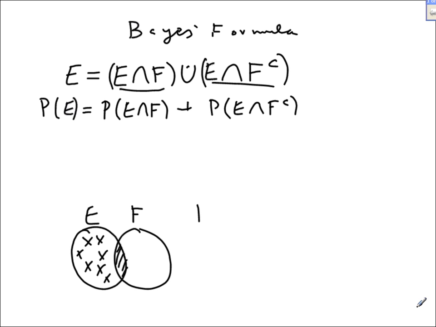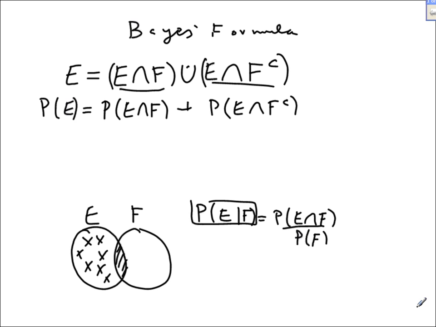Now, keep in mind that the probability of E given F is equal to the probability of E and F divided by the probability of F. Now, the thing is, these three entries are real numbers.